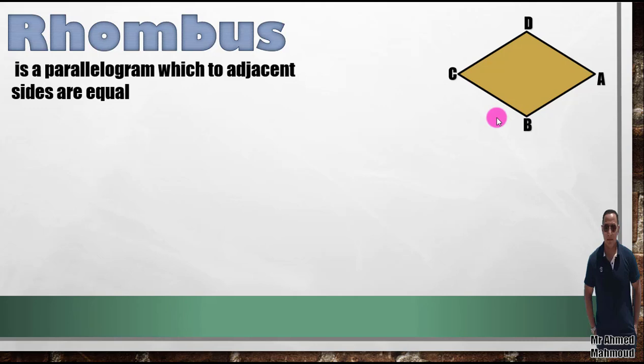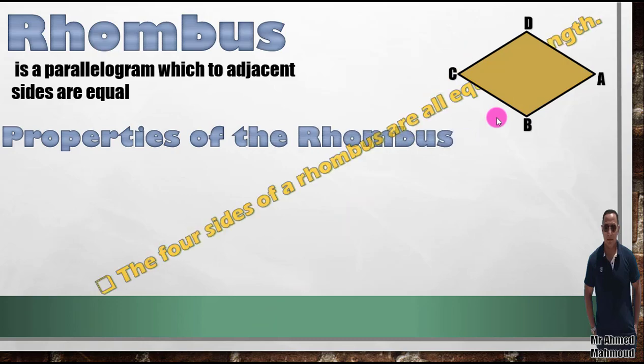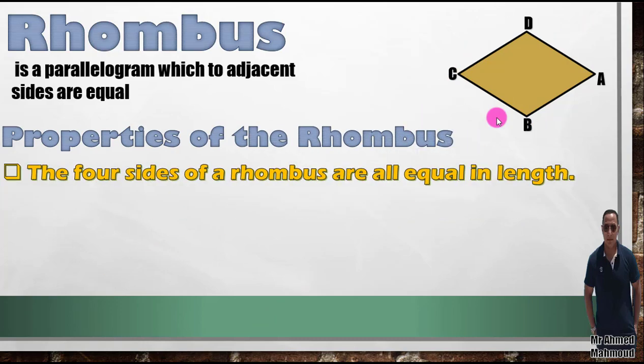Now let's study the properties of the rhombus. The rhombus, like the rectangle, has all the properties of a parallelogram plus its own private properties. Property number 1: the four sides are equal in length. As I said, for example, AB equals 3, AD equals 3, CD equals 3, and BC equals 3.